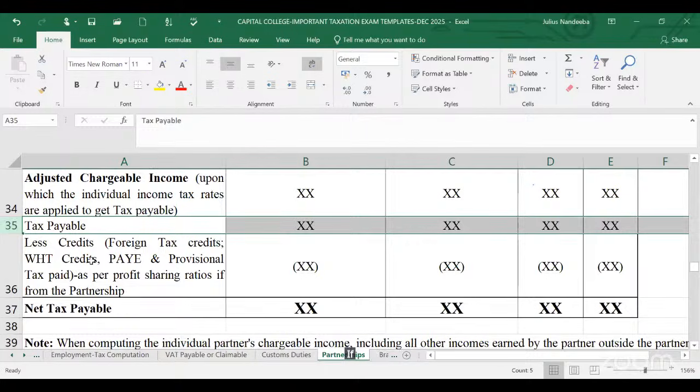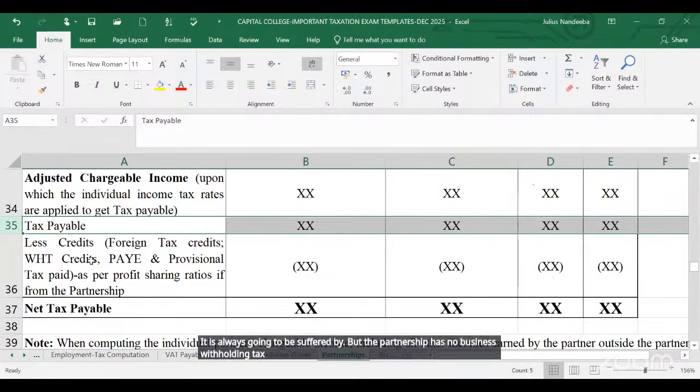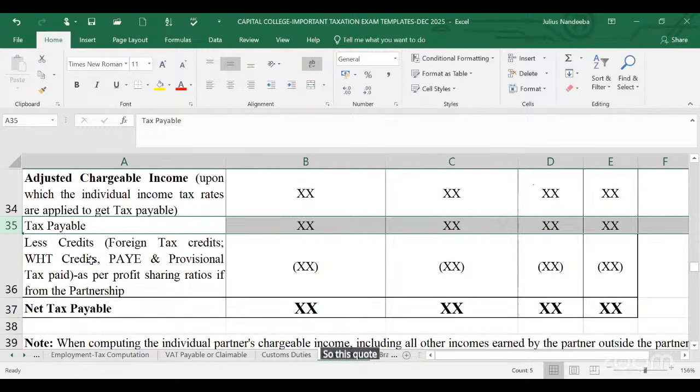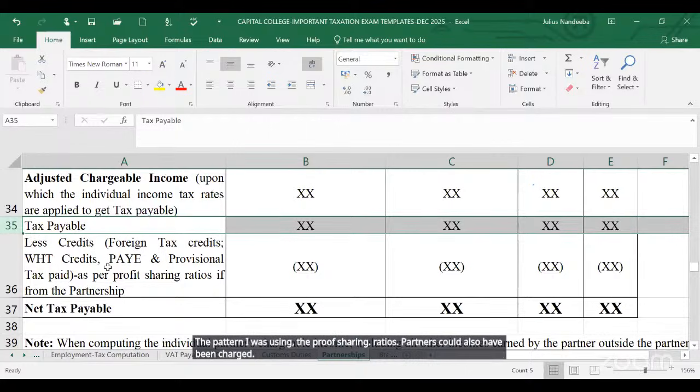If they have paid any withholding, now for withholding tax, pay attention on that. For withholding tax, it is always going to be suffered by the partnership. But the partnership has no business with withholding tax credit. So this credit is shared among the partners using the profit sharing ratios. Partners could also have been charged some pay as you earn.